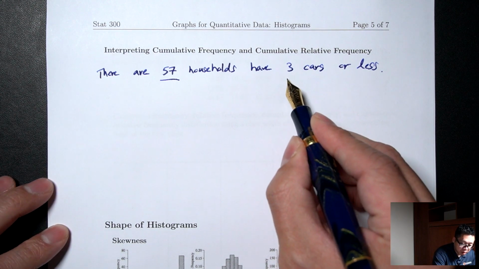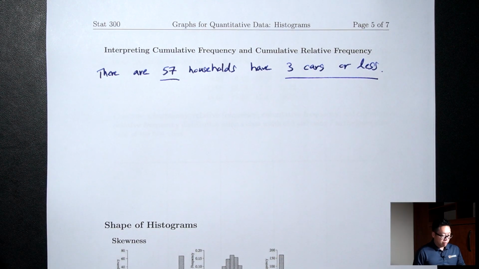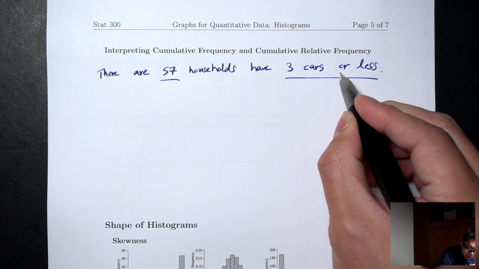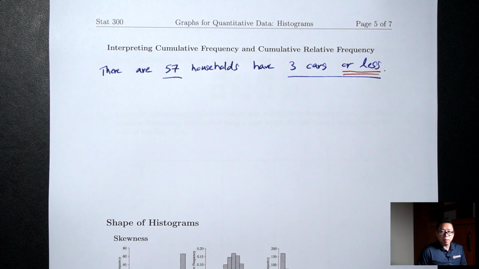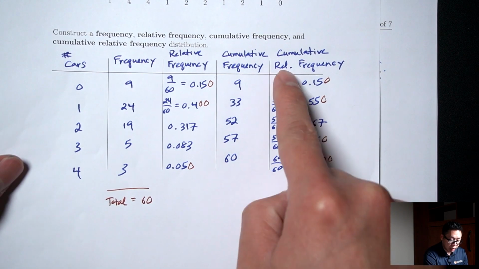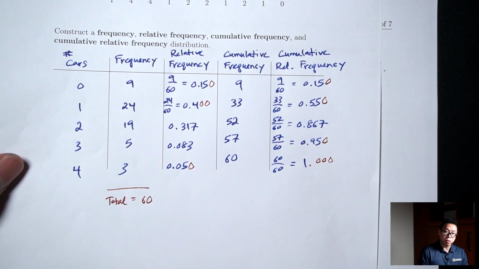They have 3 cars or less. So anytime you're interpreting a cumulative frequency, you always have to throw in that "or less" phrase, right? Because cumulative means that it includes everything before it, right? Or less.